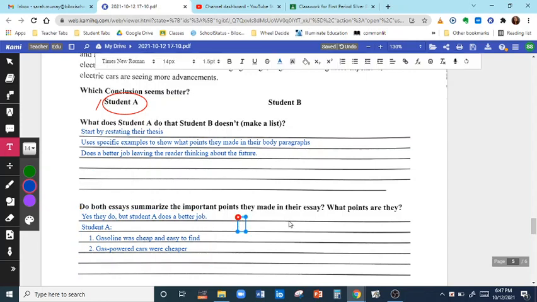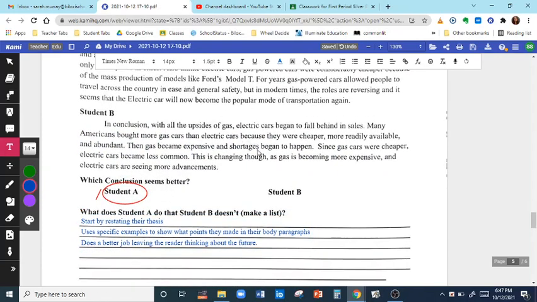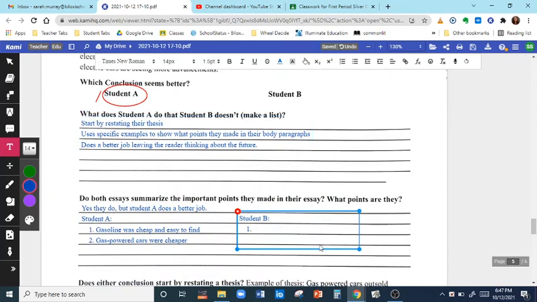Whereas student B has gas-powered cars were cheaper, and gas-powered cars were easy to find.